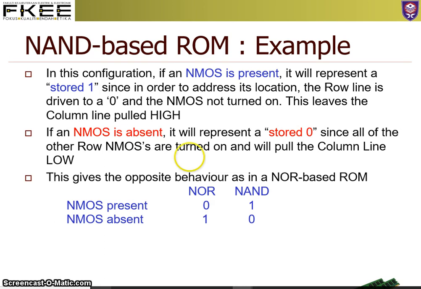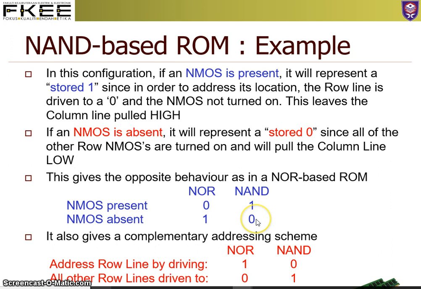So the behavior of NOR base and NAND base is opposite. When an NMOS is present, for NOR it is logic 0, but for NAND it is 1. And when there is no NMOS, for NOR it is a logic 1 and for NAND it is logic 0.